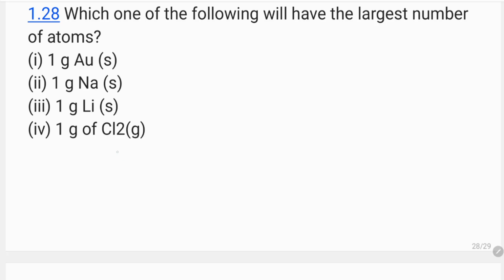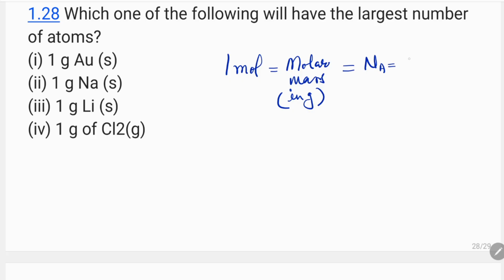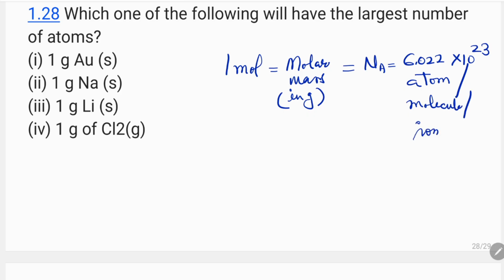Okay, so we should know that 1 mole of anything is equal to its molar mass, which should be in grams, and that molar mass is equal to Avogadro's number, which is 6.022 into 10 raised to power 23. Now this can be any atom, any molecule, or any ion also, right?